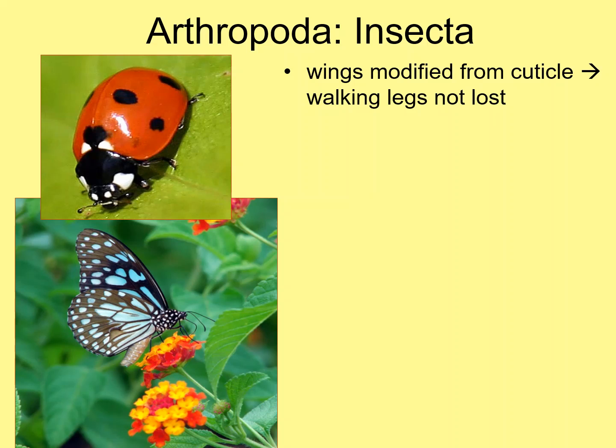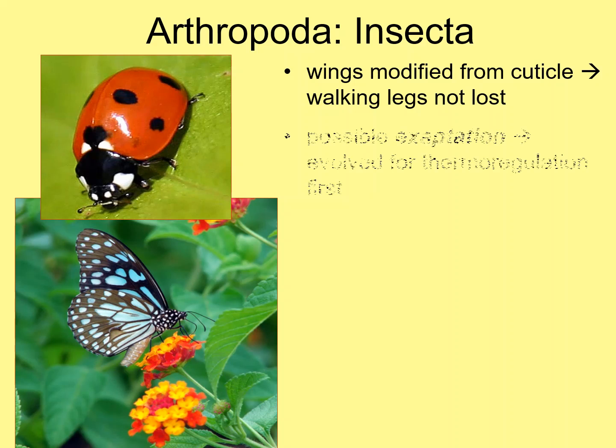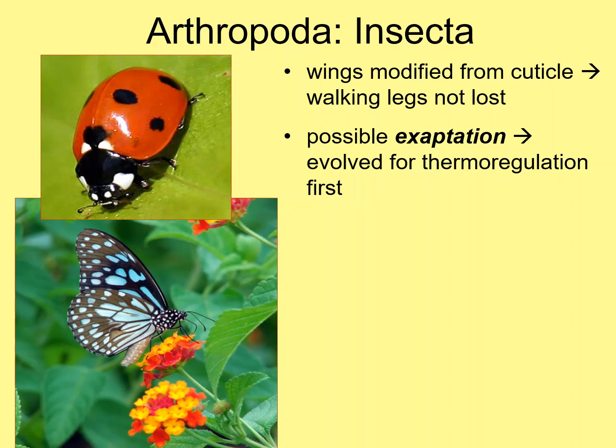The idea being that wings were first used, when they were sort of proto-wings or winglets, however you want to say it, these little extensions of the cuticle, for thermoregulation, to cool the animal off. When it's hot, you can move them back and forth and create airflow and get rid of body heat. And it was thought that they possibly evolved for that purpose first, and then were later on used for flight. And so this is another example of an exaptation. We talked about that earlier when we were talking about the flagella, right?